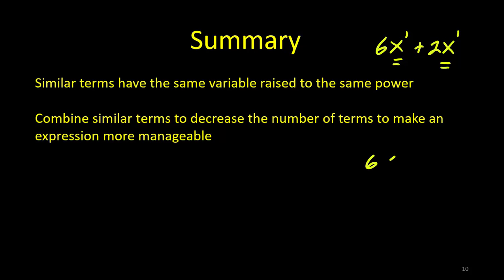Notice that if we had 6x plus 2x squared, the variable is the same, but the power is not the same, so these are not similar terms. And finally, we can combine similar terms to decrease the number of terms in an expression to make an expression more manageable. And in the long term, whenever we get to equations, it will make equations much, much simpler to solve.